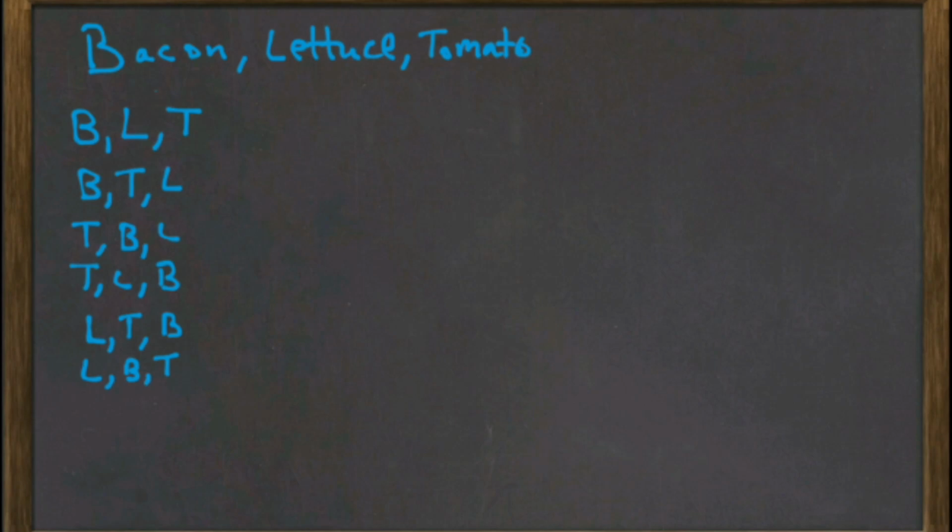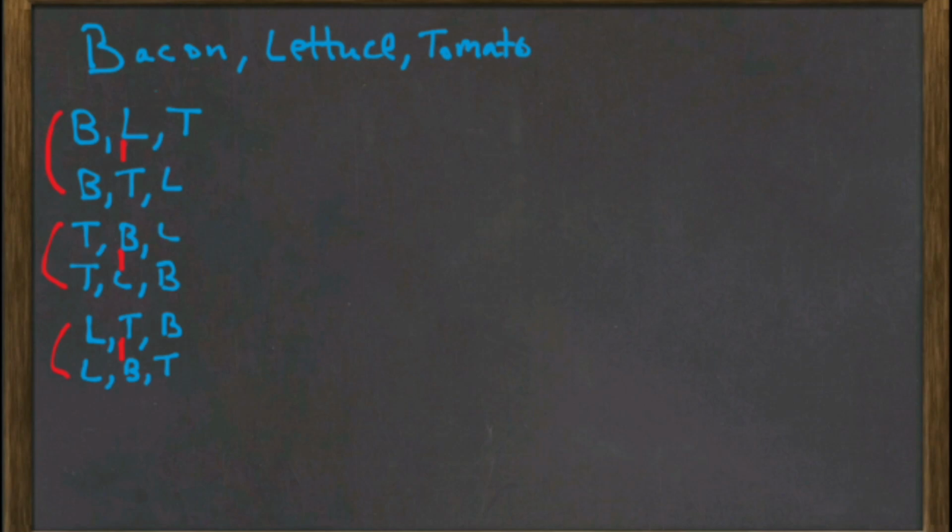Okay, so let's start thinking about how this mathematically is built. For our first choice, for our bottom layer, we have 3 options, right? We could put the bacon, the tomato, or the lettuce. Once we've chosen that, we then have 2 options remaining, depending on what we've chosen first.